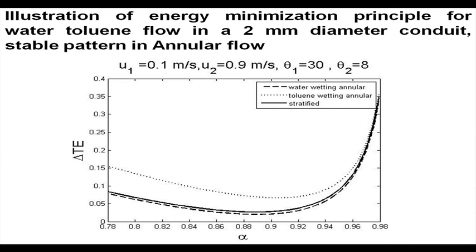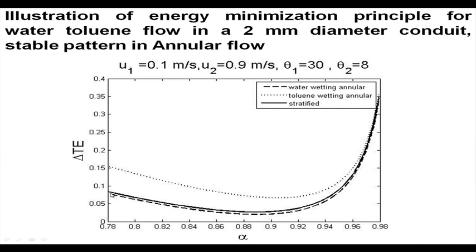After developing the flow chart, we have plotted the total energy term as a function of alpha. And here what do we find? Very interestingly, you will find that for higher alpha values, water wetting annular flow is applicable.